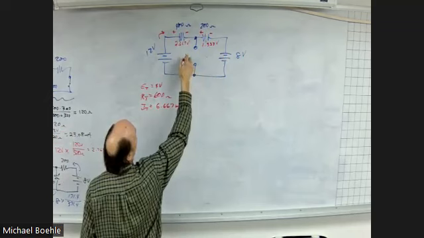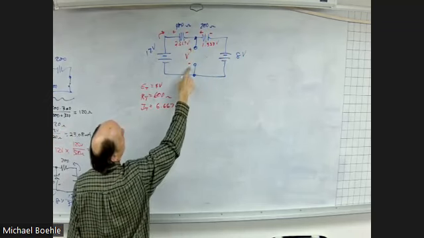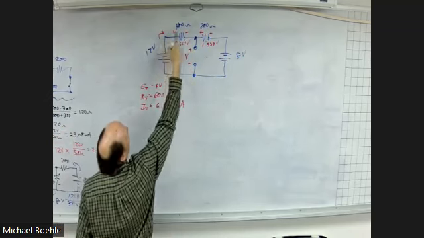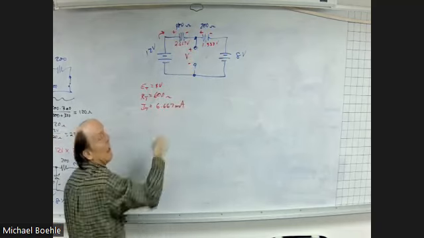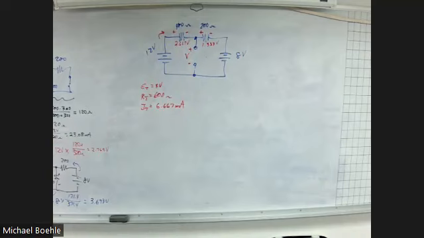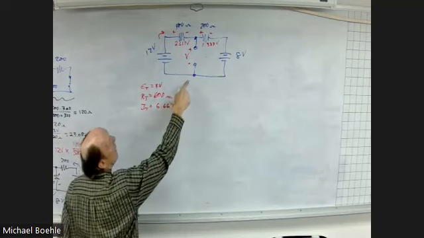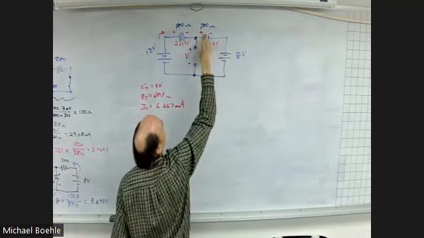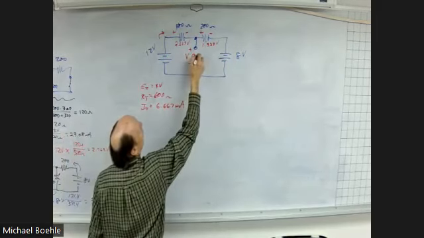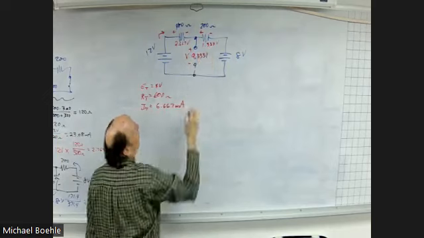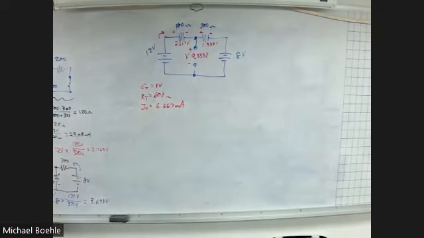Well, we can use our Kirchhoff. Start here, plus 12, minus 2.667, minus V, back where I started, equals 0. Or go this way, and it would be plus 8, plus 1.333. Either way, it's 9.333 volts. That is your Thevenin voltage.